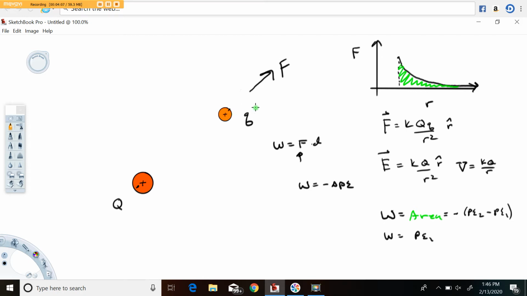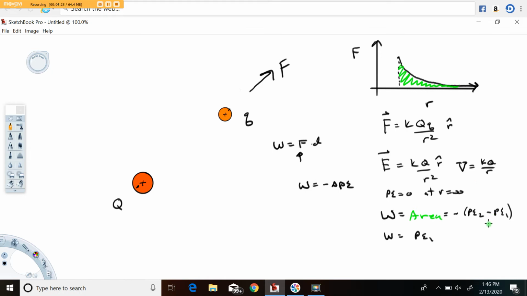Because the force goes to zero at r equals infinity, and so does the electric field, and so does what's called the electric potential, by the way, it's customary to say that the potential energy is zero at r equals infinity. Also, the electric potential is zero as r goes to infinity.